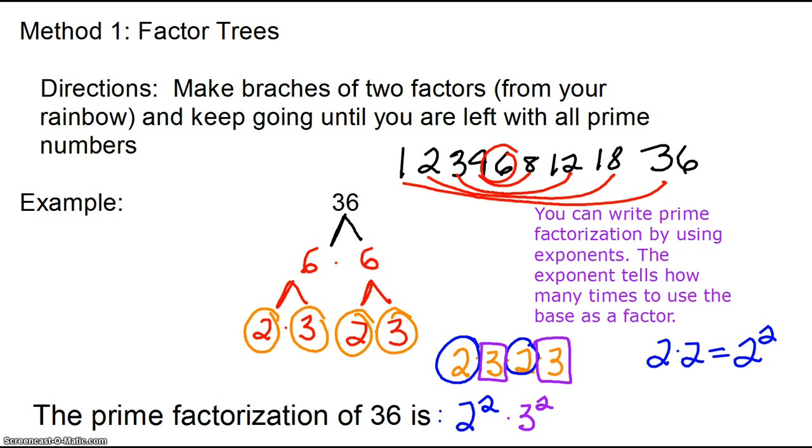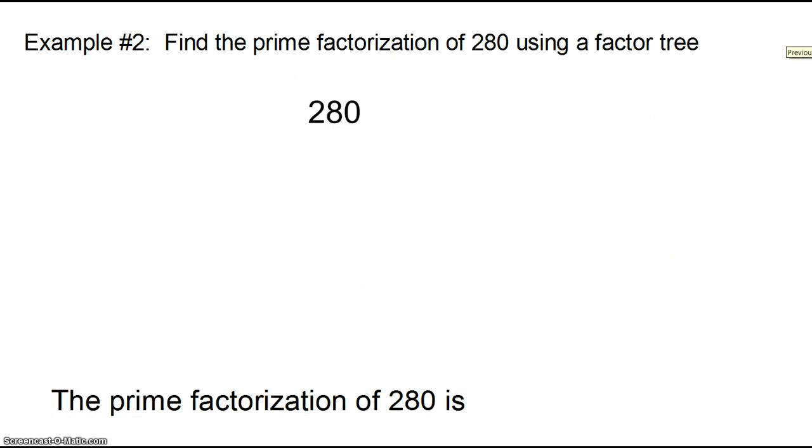Alright, moving on. I will do another example with you. This time I'm not going to worry about writing the rainbow, because this is such a big number. You just have to pick something and start. When I see a number that is a multiple of 10, I always start with 10. So 10 times what is 280?